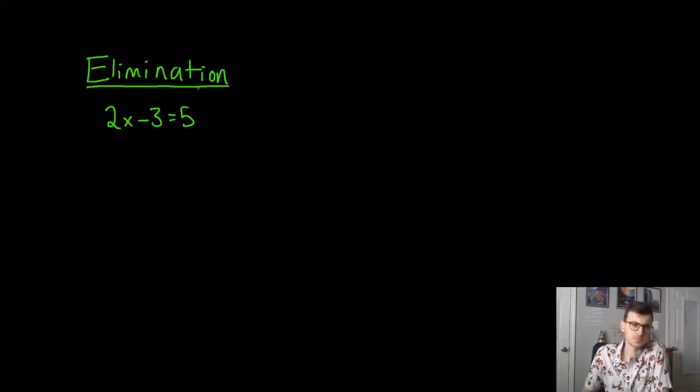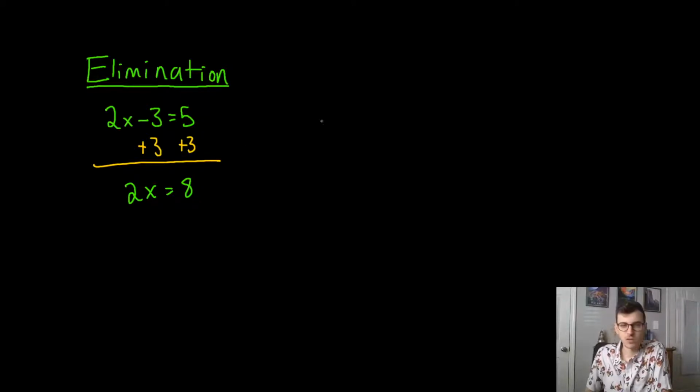Well, many people would say, I want to add 3 to both sides so that I can get this equal to 0 and have my numbers on one side, my variables on another, right? Or you could say I'm moving the 3 over, or I'm getting rid of or eliminating that 3, right? So when I add 3 to both sides, I eliminate the 3 and I'm left with 2x equals 8.